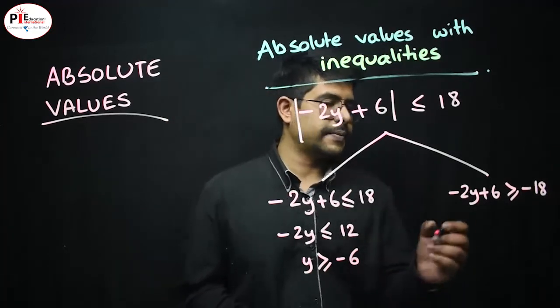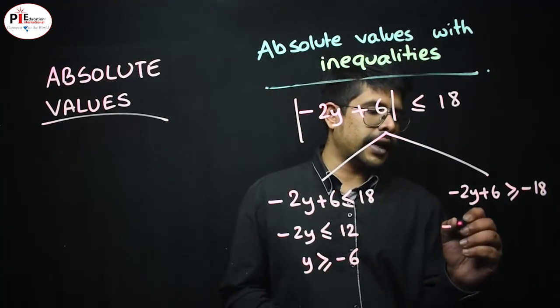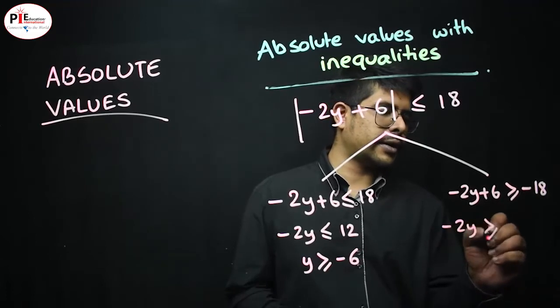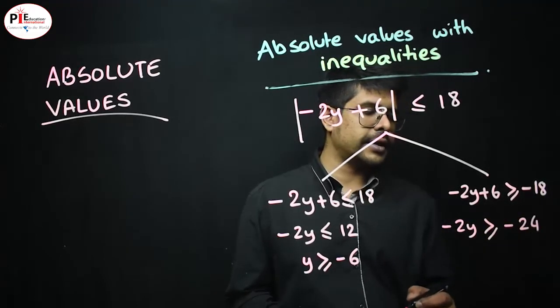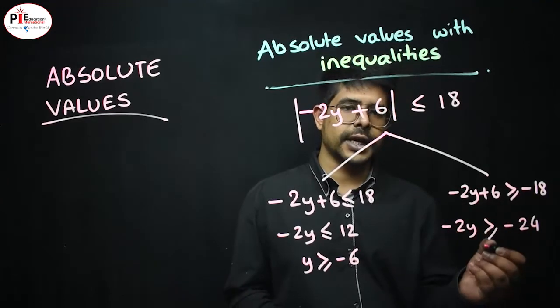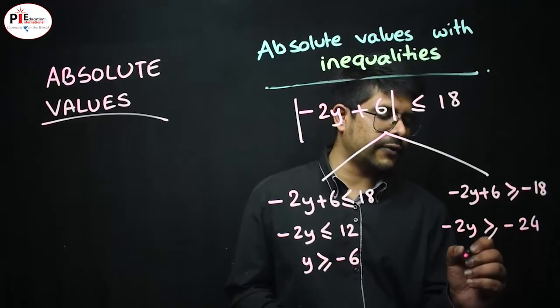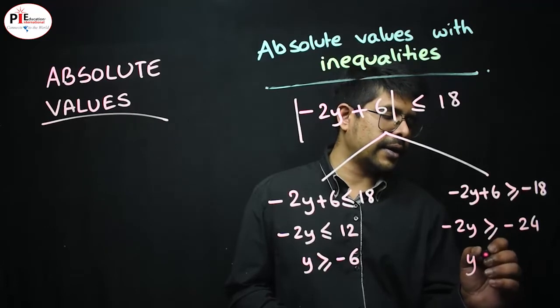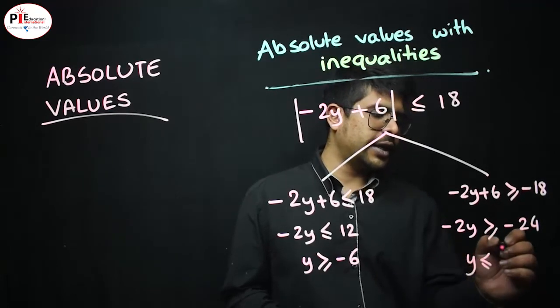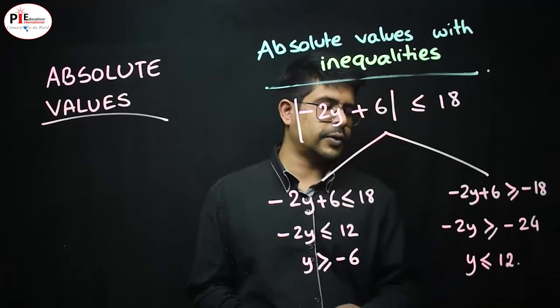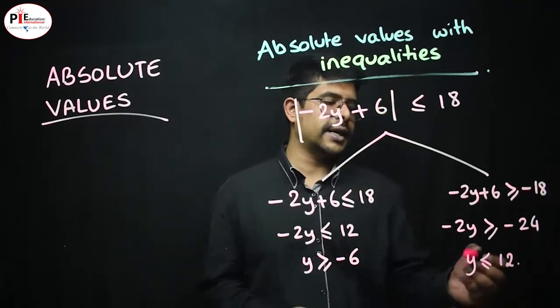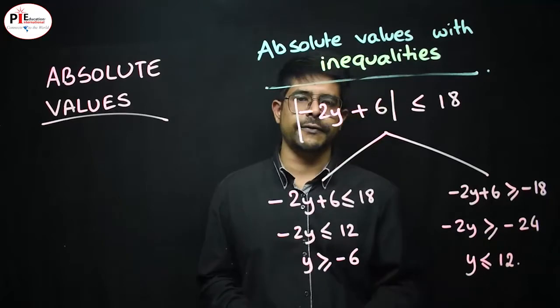And on this side, negative 2y would be greater than or equal to minus 24. If we divide both sides by negative 2, then it would give us y, the sign will change, and it would give us positive 12. Y is less than or equal to positive 12.